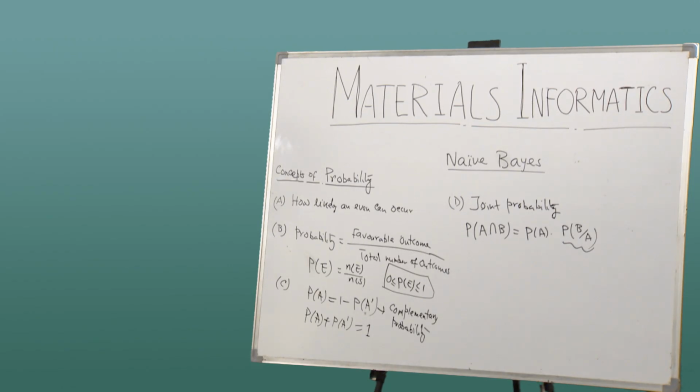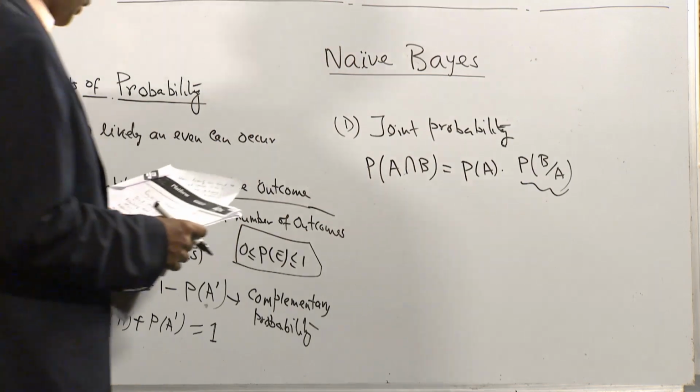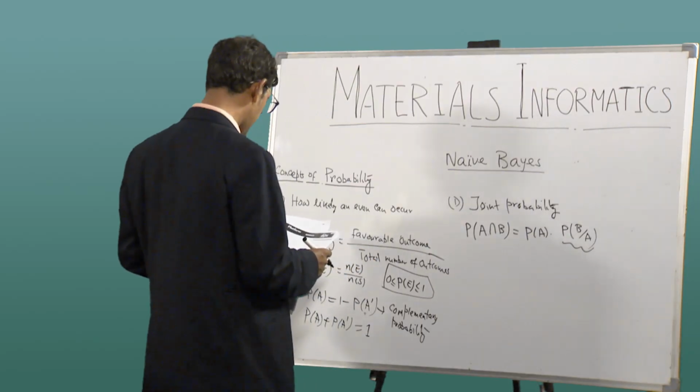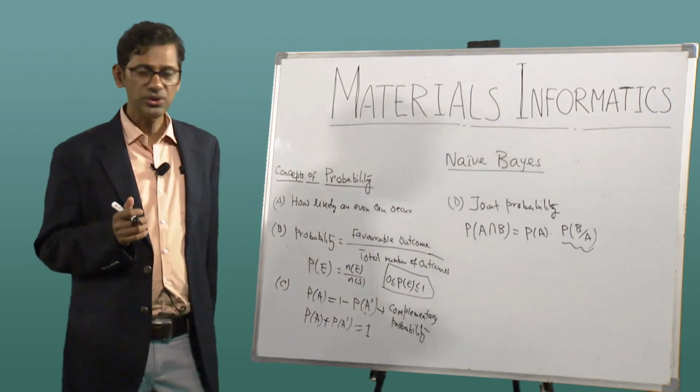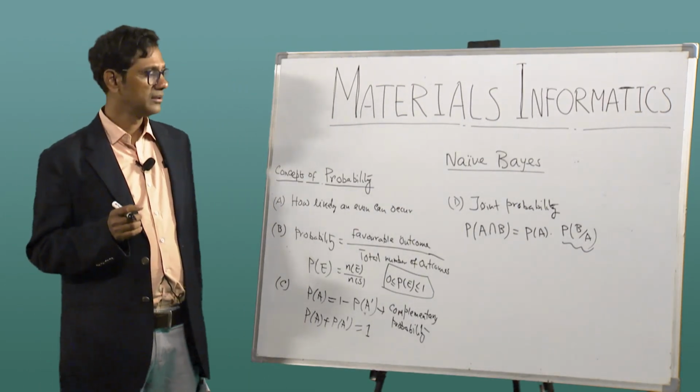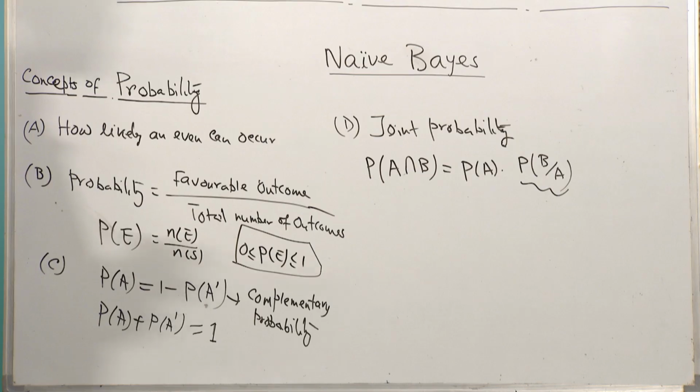Okay. So, joint probability is what, let us explain that, because this is where the Bayesian theory comes into the picture. The probability that both events can occur is called a joint probability. I have tossed a coin, and you have tossed a coin. What is the chance that both of us get heads? That is a joint probability, right.